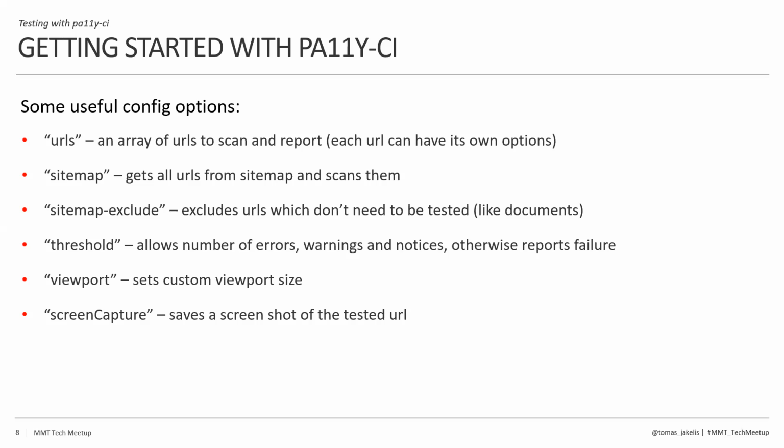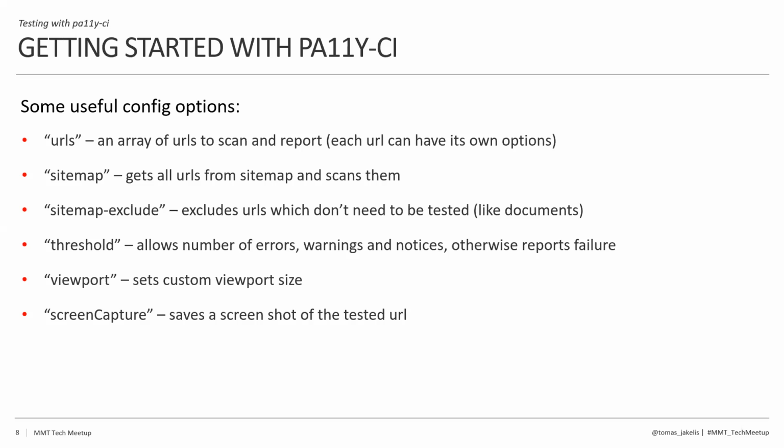We can also combine URLs with sitemap as well, but on the Pa11y CI website it says that sitemap will take priority, but I don't think that is true when I tested this. We also have sitemap exclude. We can exclude some URLs we don't want to test, maybe URLs that are just documents we don't really want to test.